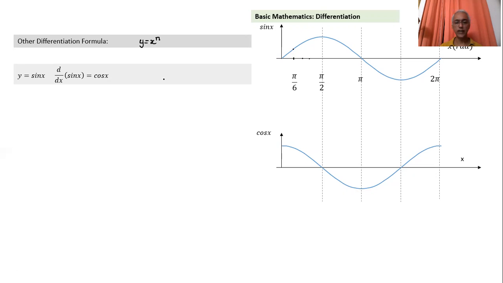Now, how do you find its derivative? What is dy by dx, or d by dx of sin x? Again, more than the derivation, what is important is the underlying concept. The derivative is the slope of the tangent drawn to the curve. So how do you find the slope of the tangent?